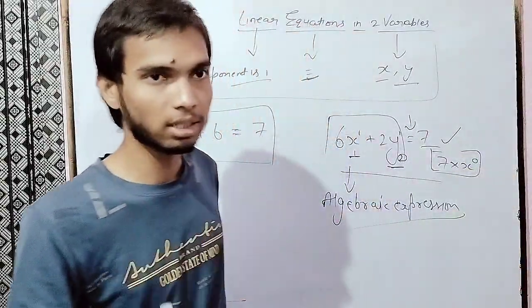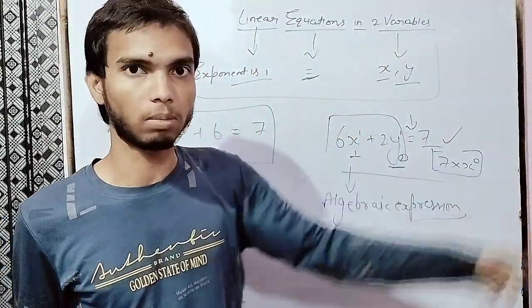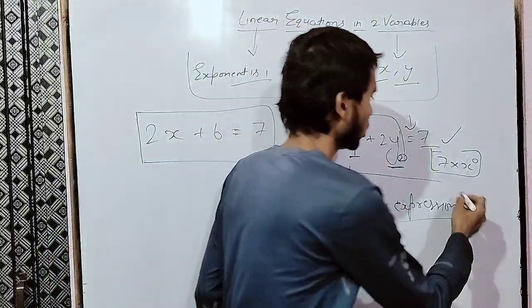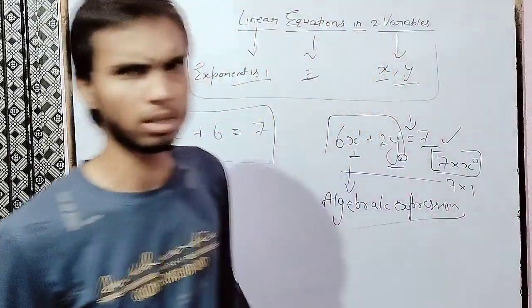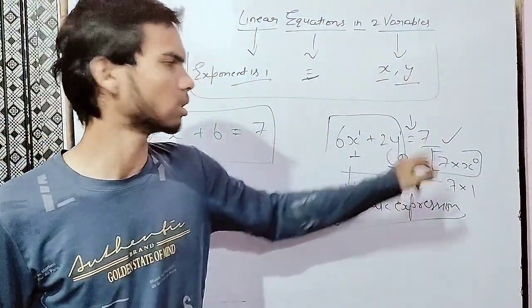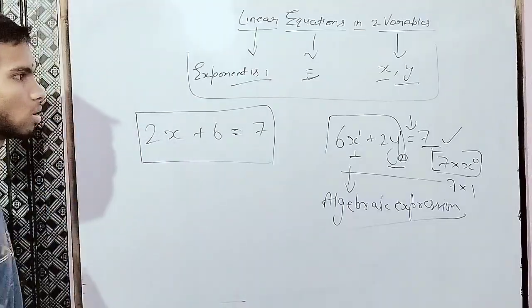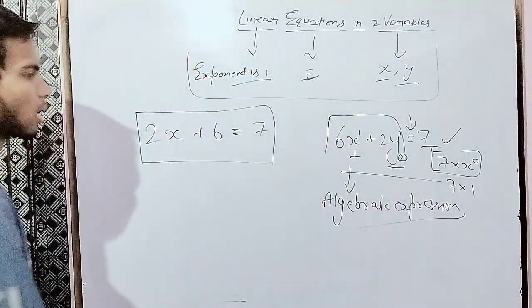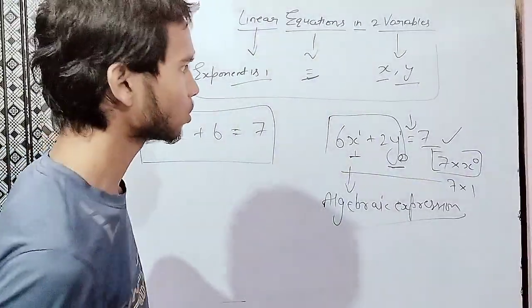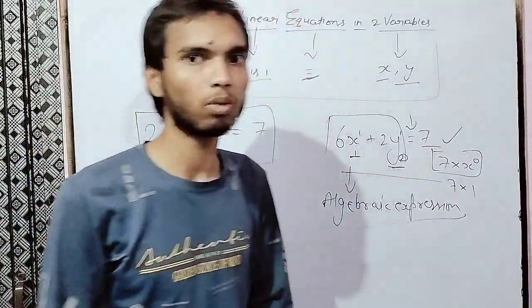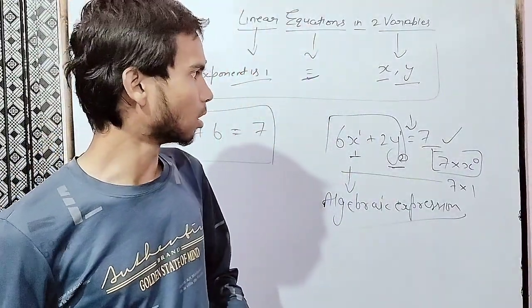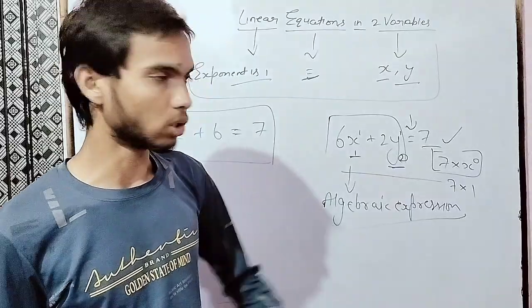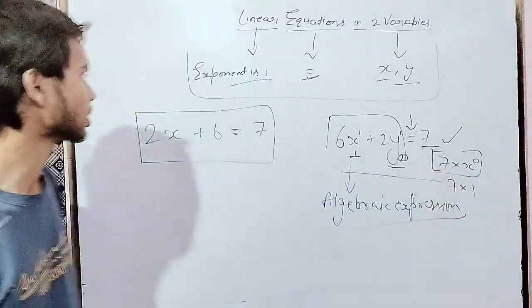That's why it will be considered a zero polynomial. So it will become 7, then it will be this 7. It is also an algebraic expression, you can take it as an algebraic expression. But when it comes to degree, the degree would be 0.